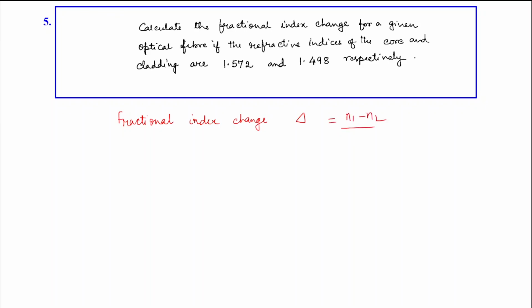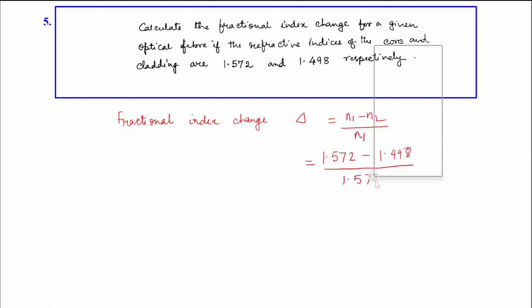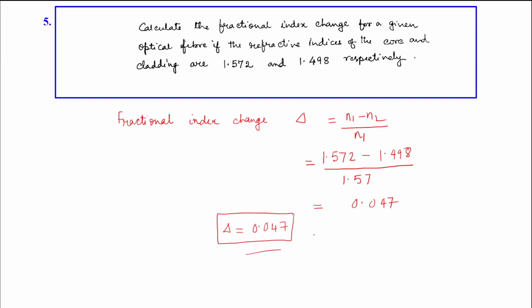Fractional index change, which we take as del, is defined as n1 minus n2 by n1, where n1 is the refractive index of the core and n2 is the refractive index of the cladding. So it is 1.572 minus 1.498 divided by 1.572. It comes as 0.047. So the fractional index change in this problem is 0.047.